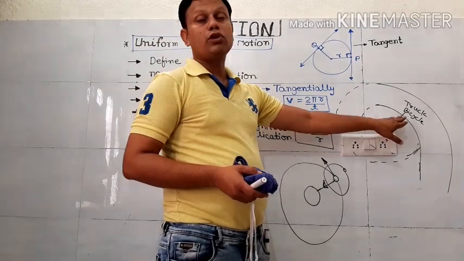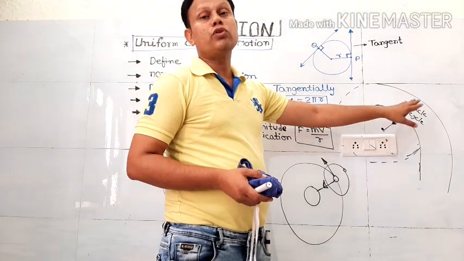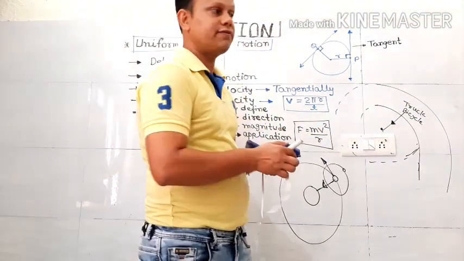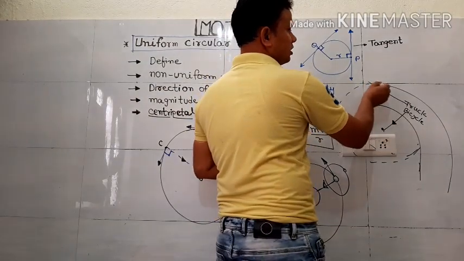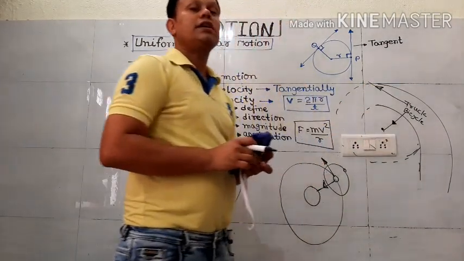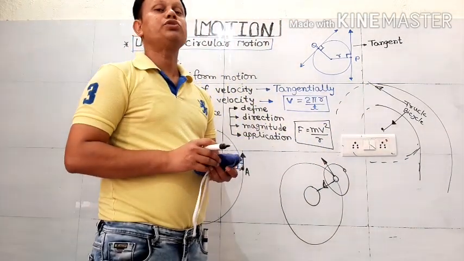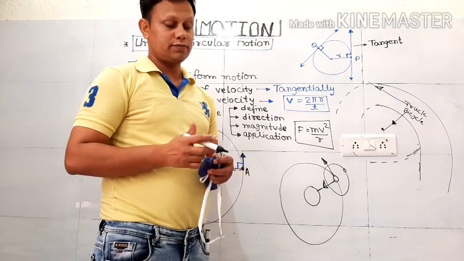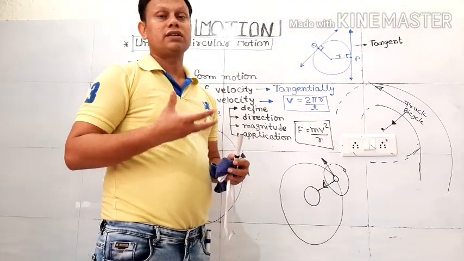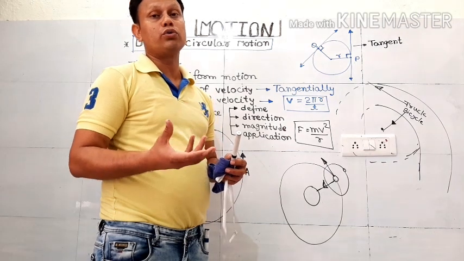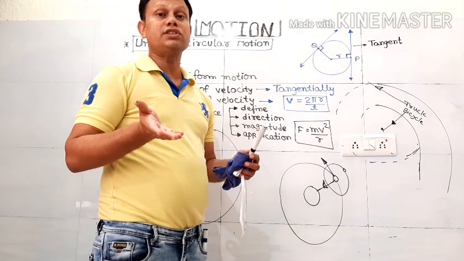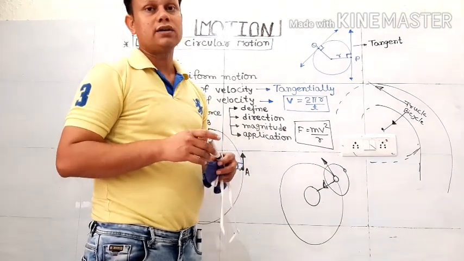Then you will not be able to move on the turnings, and then finally what will happen? Just like tangentially. Suppose a truck is taking a turn, and due to its heavy mass it requires a large value of centripetal force, but the value of friction offered by the road is not large enough to fulfill the demand. Then what will happen?